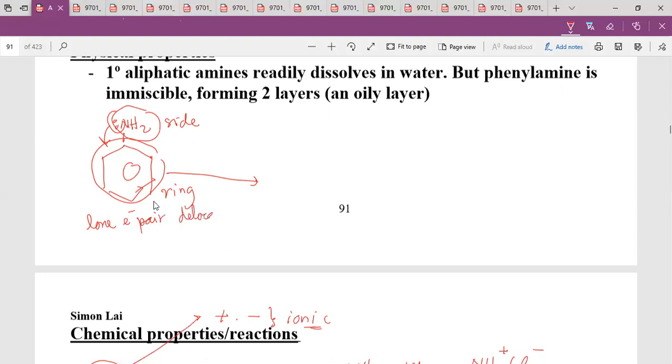delocalize into the ring, more reactive towards what reaction? Electrophilic substitution.